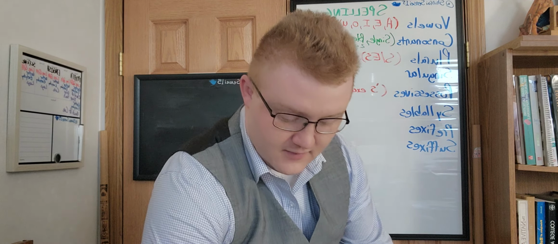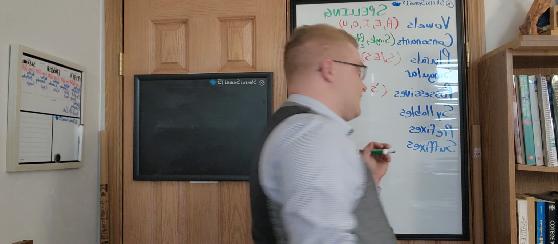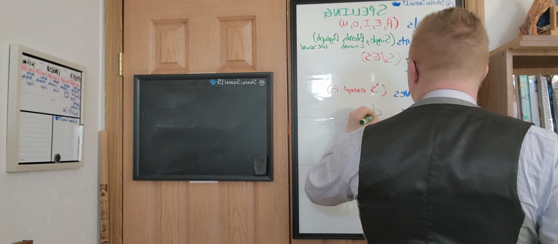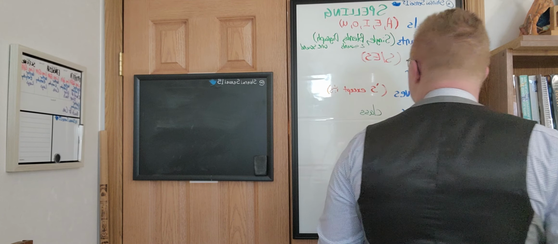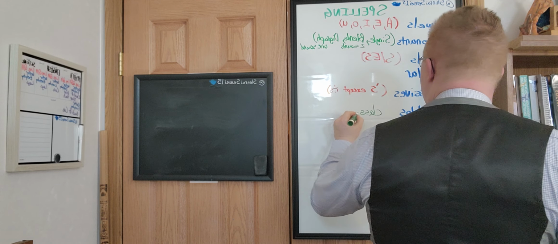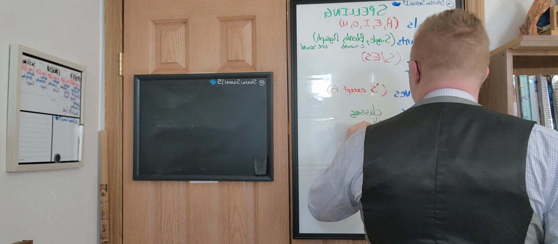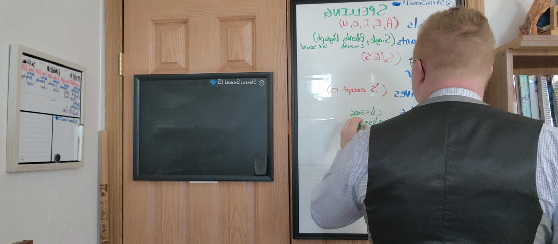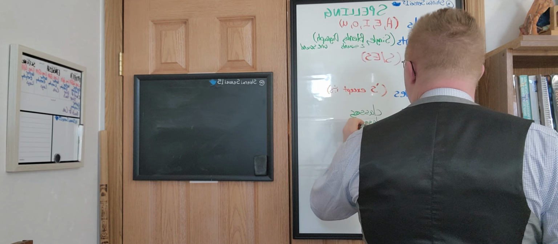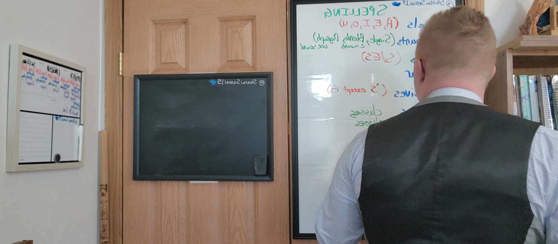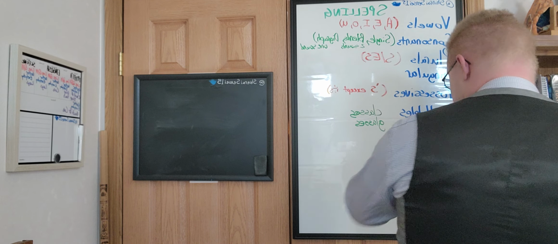So, if I have class today, to make it multiple class, it's classes. Same with glass. Except glasses is not necessarily always the plural. Glasses is also a different word.